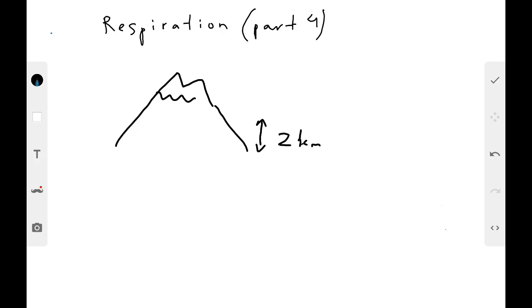When a person is climbing higher, then the partial pressure of oxygen decreases because the pressure decreases, and hypoxia is induced. Hypoxia will induce the adaptation to this high altitude.